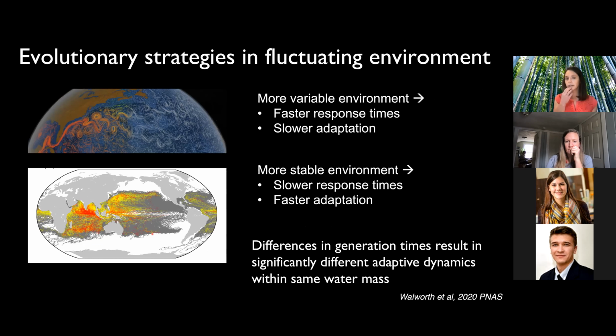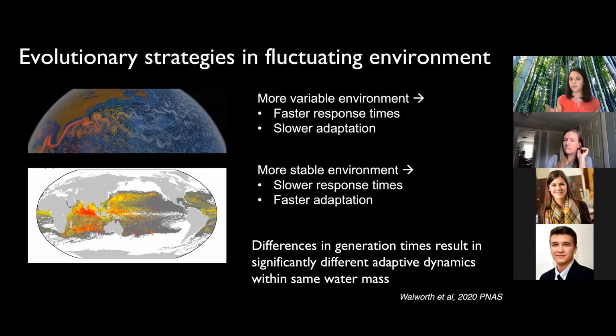And so the generalized conclusions that came out of this were that the difference in generation times can actually result in different adaptation dynamics within the same water mass, because individuals that are growing at different rates are experiencing variability in a very different sense. And then organisms that experience a more variable environment, we would anticipate would have faster response times and slower adaptation.